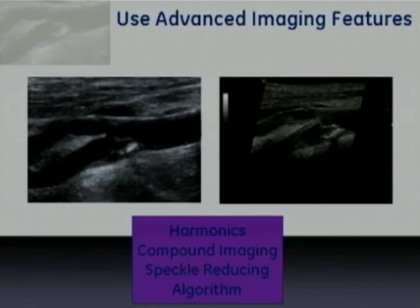And it was achieved by using the highest frequency that would actually penetrate, going into harmonics. I steered the beam just towards the direction of the flow, and then increased the gain within the vessel and decreased my frame averaging.